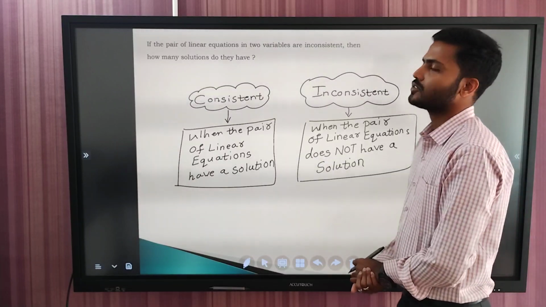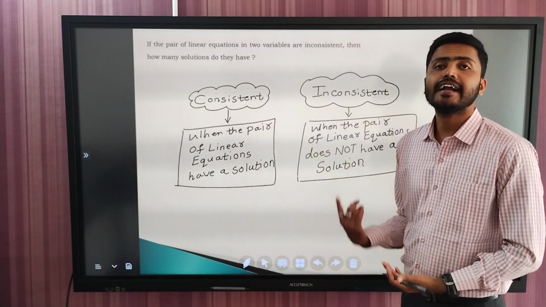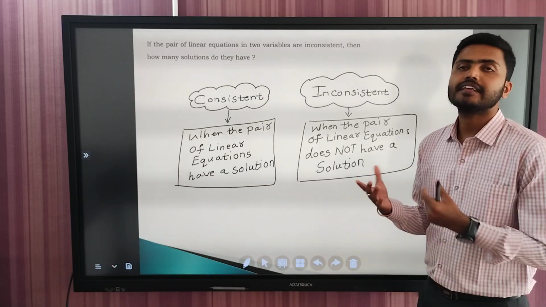Okay, so that is what we mean by consistent and inconsistent pair of linear equations.